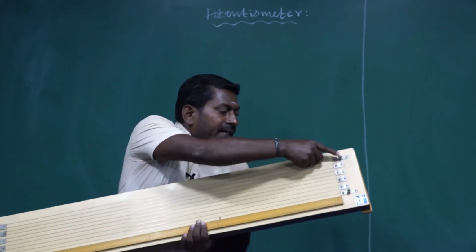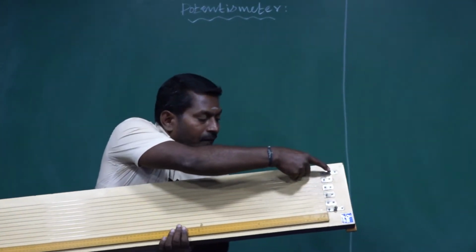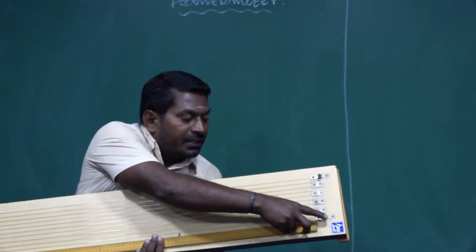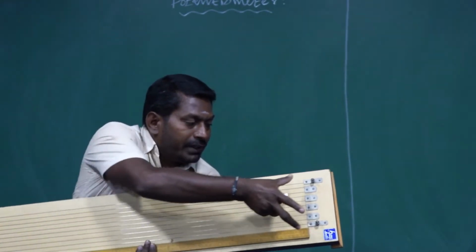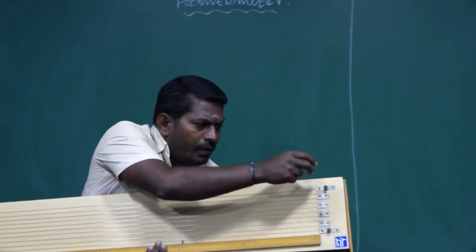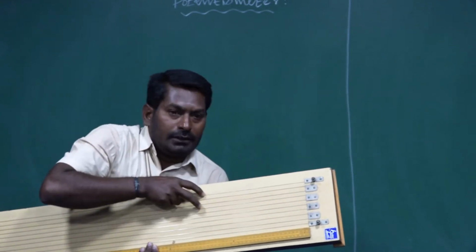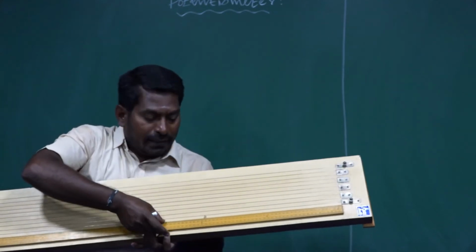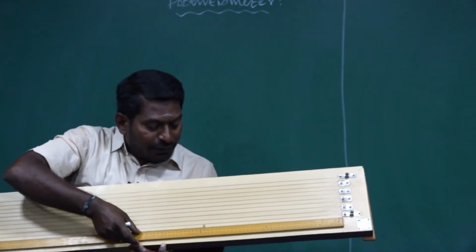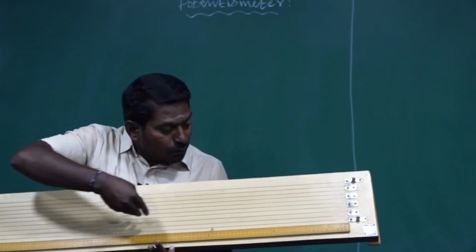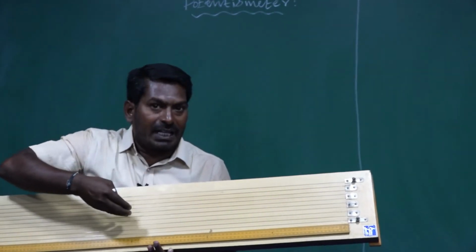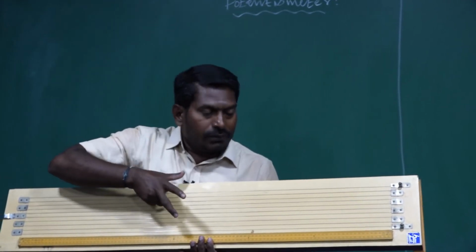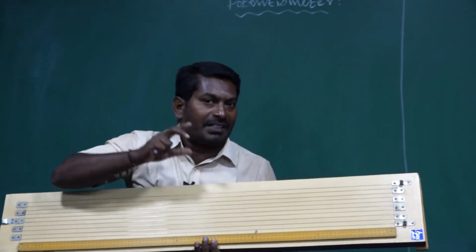See, the first end of the manganese wire and the last end of the manganese wire. The first end and the last end are brought to the same side of the potentiometer instrument. And one more thing, a meter scale. A meter scale is fixed on the wooden board, parallel to all 10 segments of the uniform manganese wire. So this is the potentiometer instrument construction.